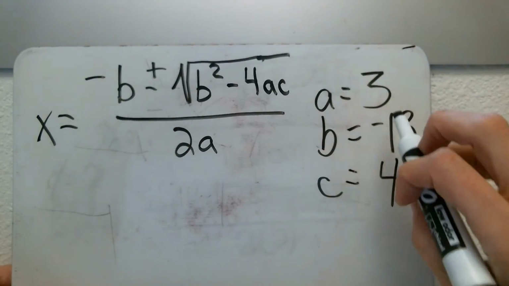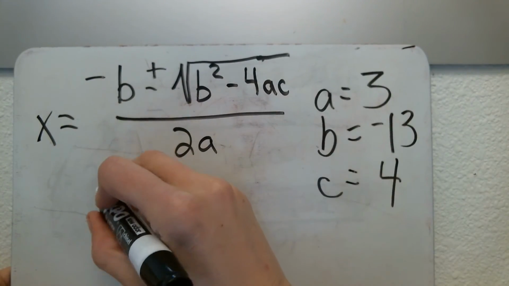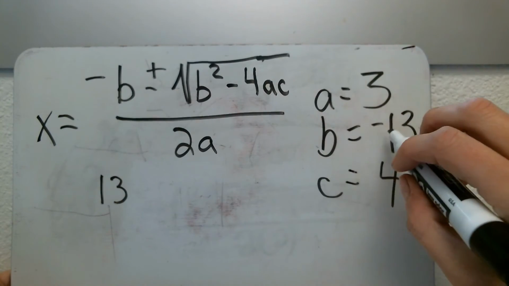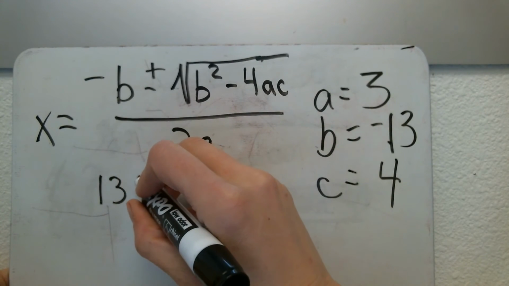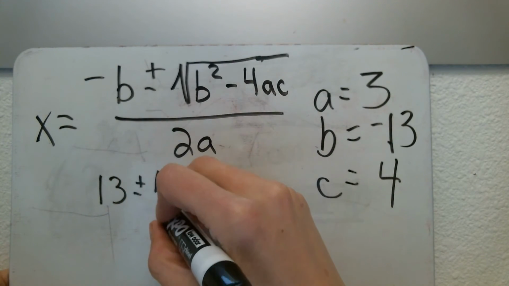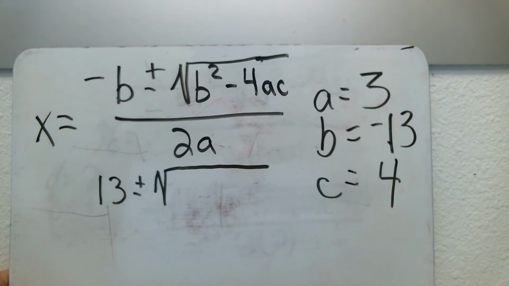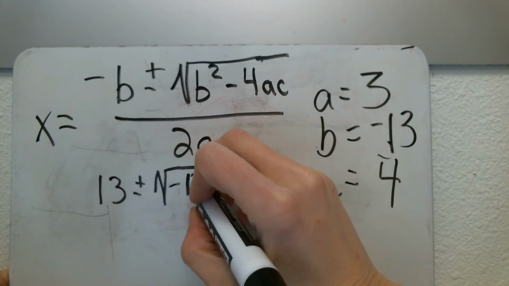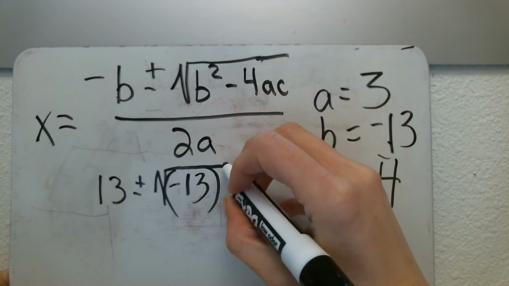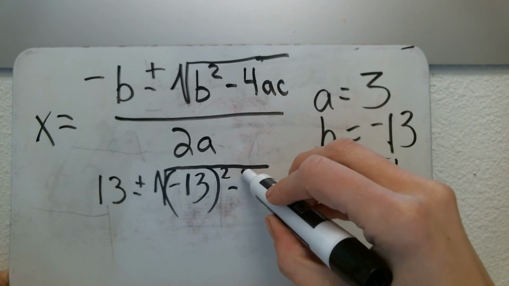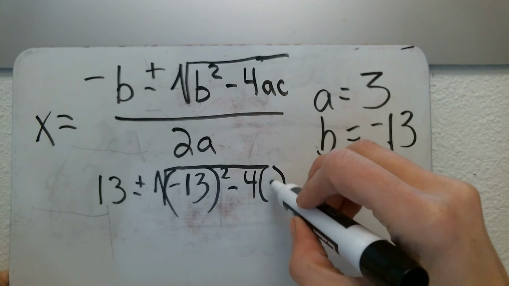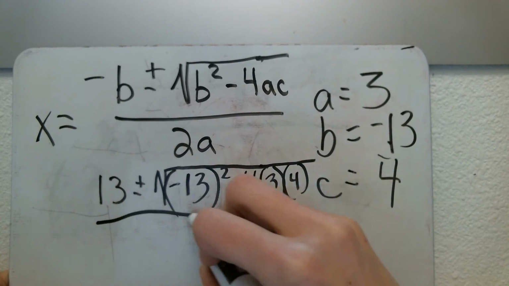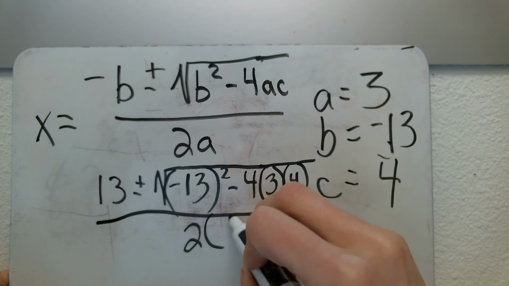The opposite of b, so the opposite of negative 13, is positive 13, plus or minus the square root of b. So we're going to take b as it is, negative 13, and square that, minus 4 times 3 times 4, all divided by 2 times a, so 2 times 3.